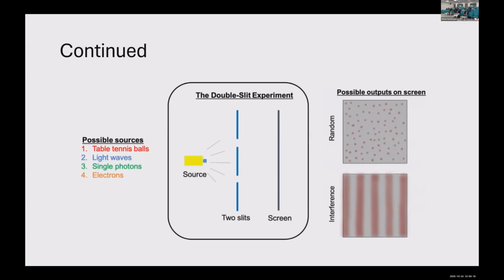So I have table tennis balls in my source, and the source starts shooting these tennis balls, and they go to the double slit wall and then to the screen. Would you see random or interference-like characters on the screen? Tennis balls.